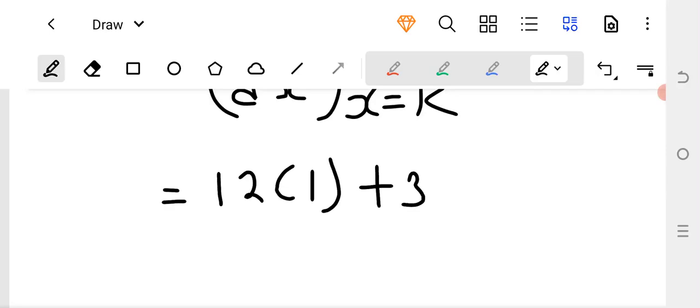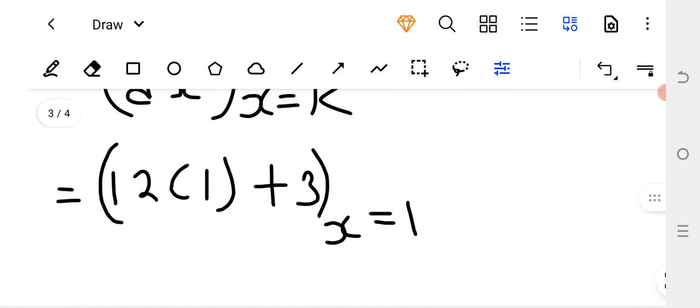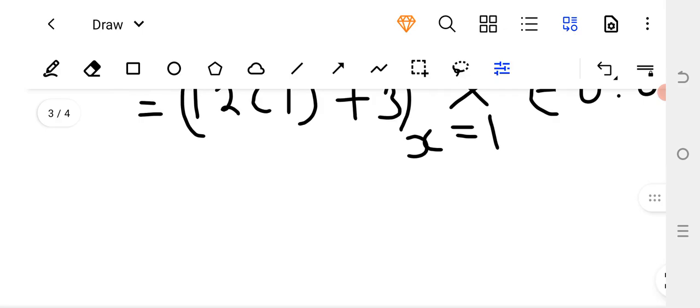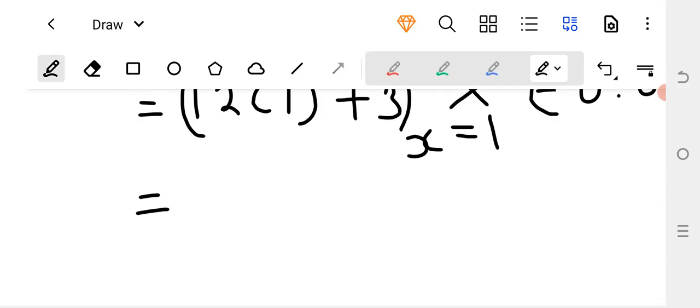Then you can put this in parentheses, where x is equal to the same one that you have substituted, which is the 1. Then you multiply by your delta x. Your dy dx, of course, is 12 multiplied by 1 plus 13. Delta x, change in x, negative 0.05. So it is equal to 15 multiplied by negative 0.05.